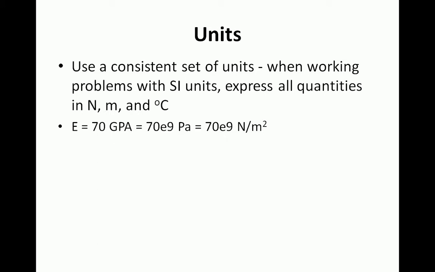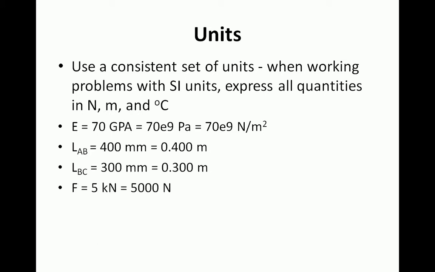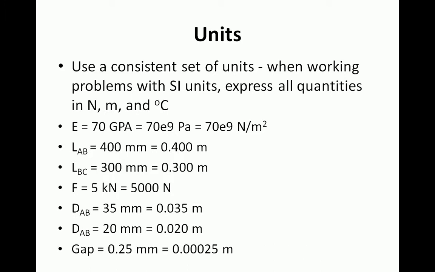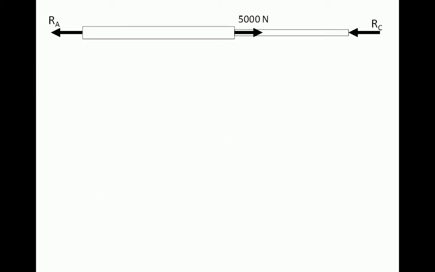Remember that a pascal is a newton per meter squared, and a giga is e to the 9. We convert our lengths into meters, our force into newtons, the diameters into meters, and also the gap, the 1/4 of a millimeter, express that in meters as well.